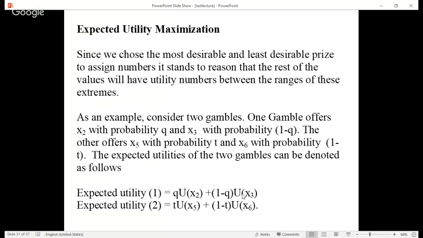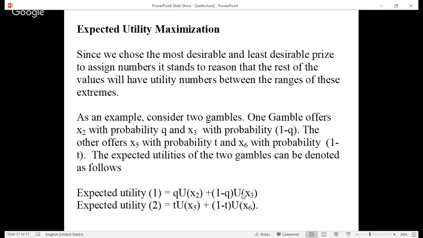And in this gamble, you can win x2 with probability q, and x3 with probability 1 minus q. Again, we have a game. And then I'll set up another game with 2 other middle prizes. We'll call it x5 and x6. And you can win x5 with probability t and x6 with probability 1 minus t.